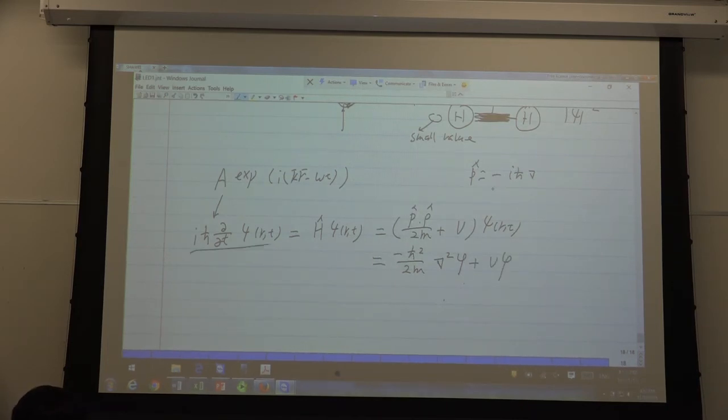Look at the left hand side: i h bar partial t of e to the i (kr minus omega t). Why do they put h bar in here? You can see, i h bar times minus i omega gives h bar omega times e to the i (kr minus omega t).